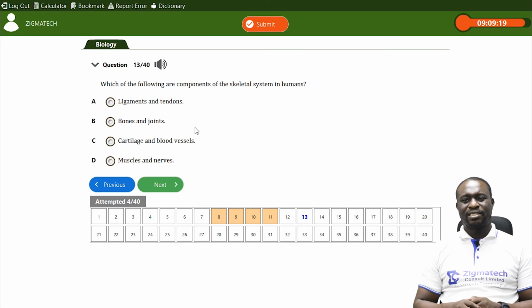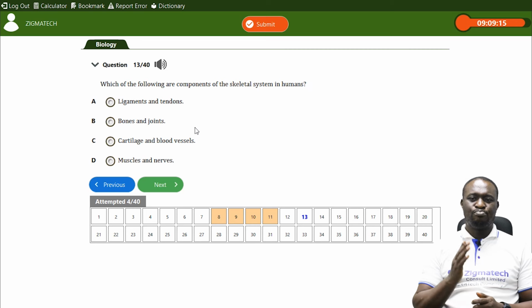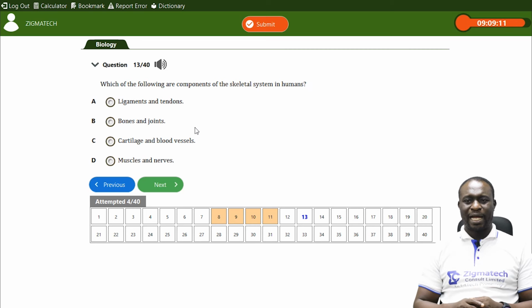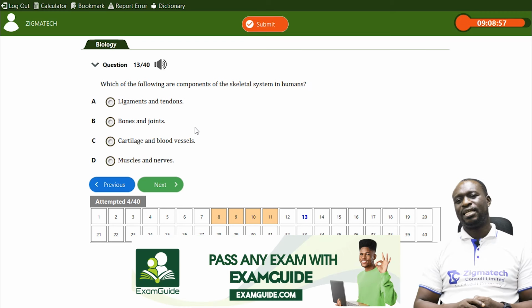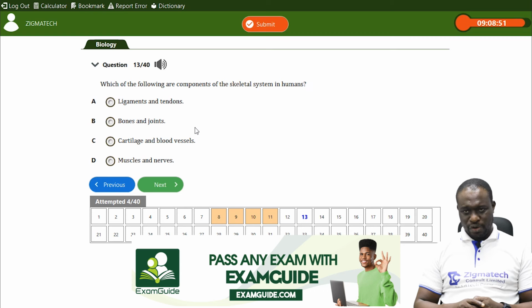And the skeletal system in humans is made up of bones and cartilages. Now look at the question again: which of the following are components of the skeletal system in humans? A says ligaments and tendons. B says bones and joints.